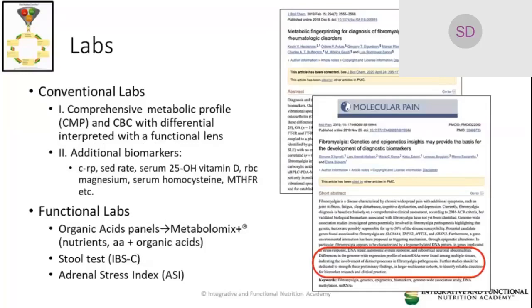whether you're ordering the labs or you're working with a clinician that's ordering the labs, we still think it's a good idea to think about what kind of labs might be important to help understand the root causes with the patient. So in this particular case with Felicia, some of the conventional labs that you might think about is a CMP and a CBC with a differential, where you interpret those numbers with a functional lens.